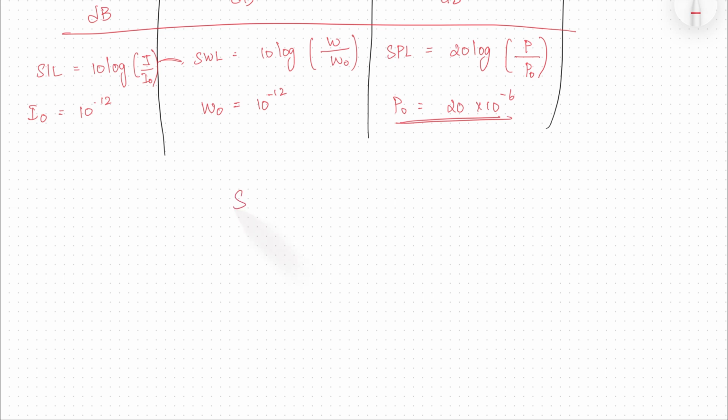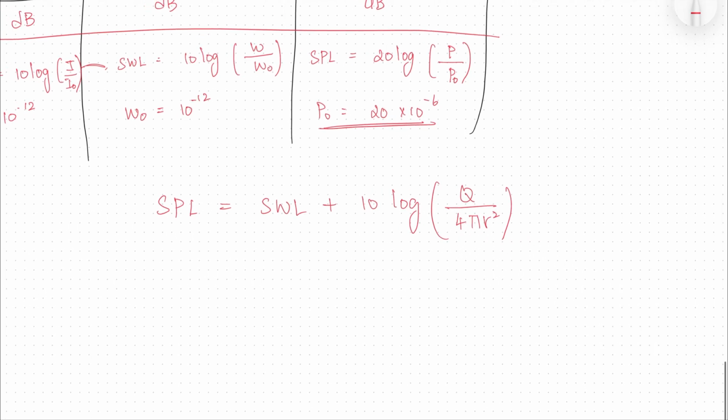So sound pressure level is equal to sound power level plus 10 log of Q by 4 pi r square. Now imagine sound from the sound source goes basically in a sphere, right? So the area of a sphere is 4 pi r square. That's how you get the 4 pi r square.